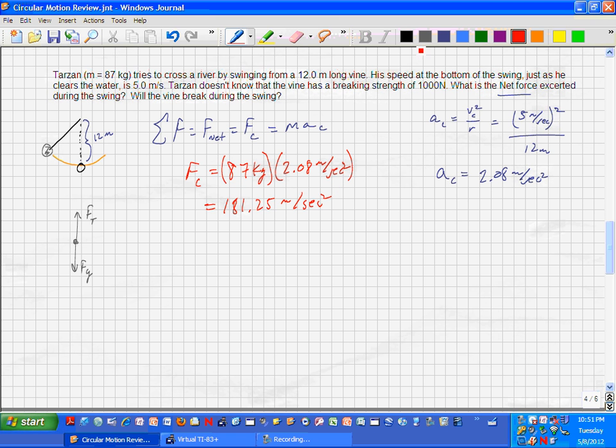All right, so that means that the sum of the forces is equal to force of tension minus force of weight, and that's going to be equal to 181.25. Oops, that's not meters per second squared. That should be newtons.